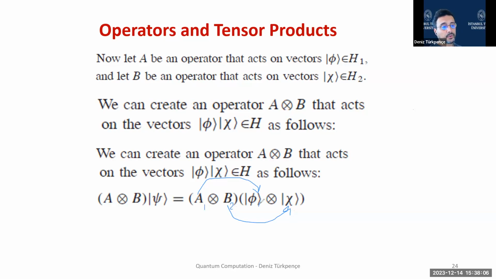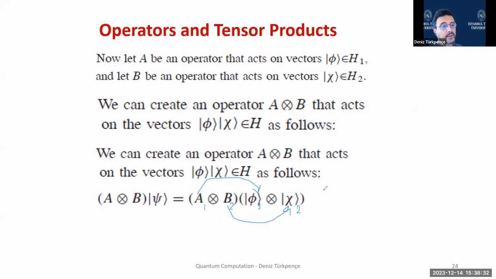This is the first order state and this is the second order state. This is the first order operation and this is the second order operation. All operators only act on their own space, because this matrix dimension matches with this matrix dimension, and this matrix dimension may match with this matrix dimension, okay?